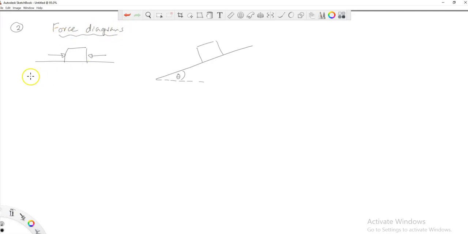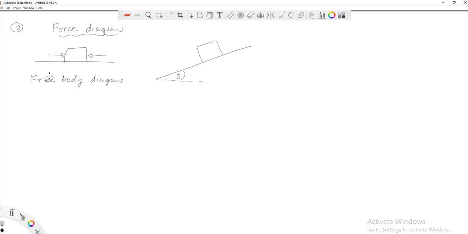Or sometimes we call them free body diagrams. It's pretty much the same thing. Some textbooks use free body diagrams. There is an extended meaning to this, but just for our understanding, it's a force diagram.